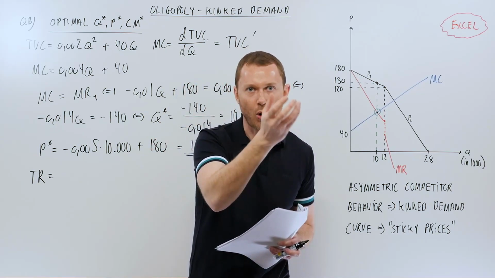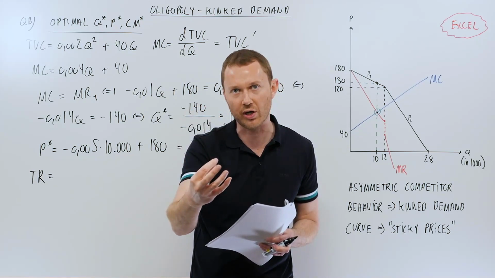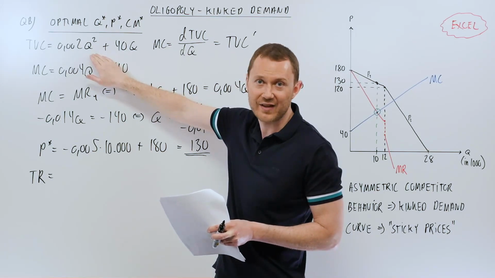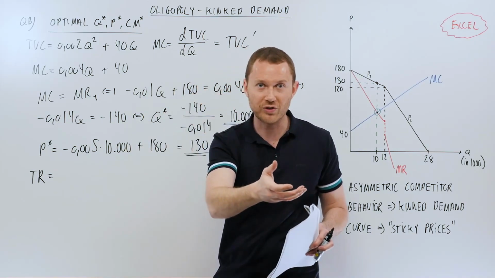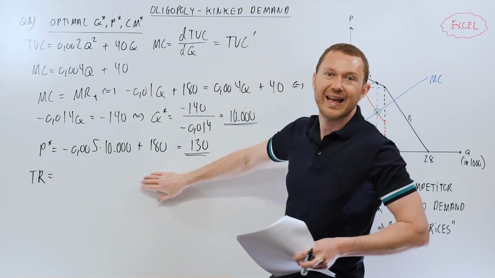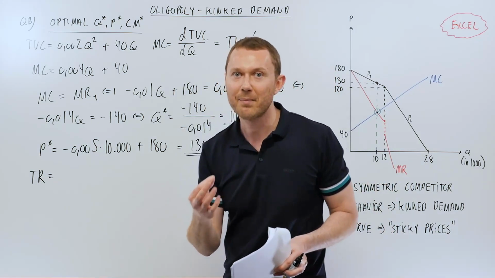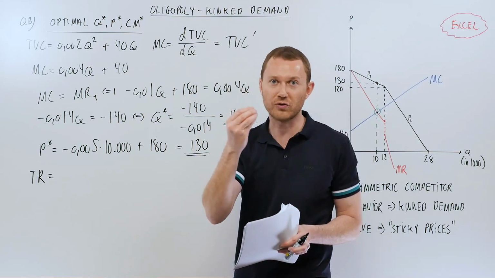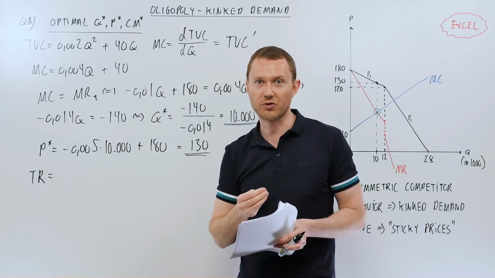So in profit, you also subtract the fixed cost, but in contribution margin, you only subtract the variable cost. That being said, in this problem, we don't have any fixed costs, right? So if we don't have any fixed costs, then contribution and profit is the same. So in this exam, that really doesn't matter because we don't have fixed costs. But I want you to be aware of it, because if you were given fixed costs, then it would make a difference if you subtracted it to get the profit or not subtracted it to get the contribution margin.